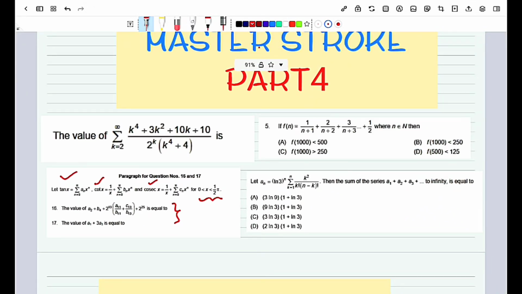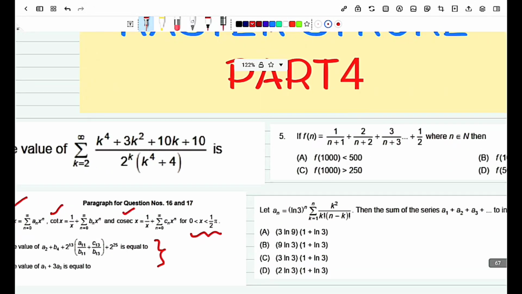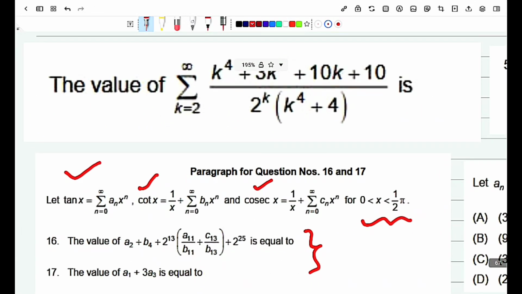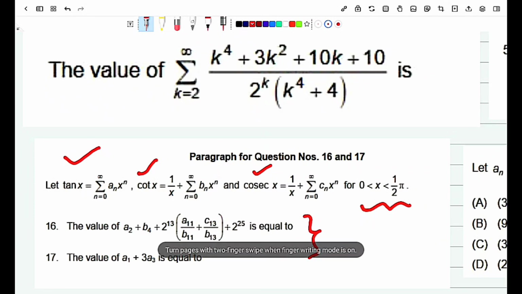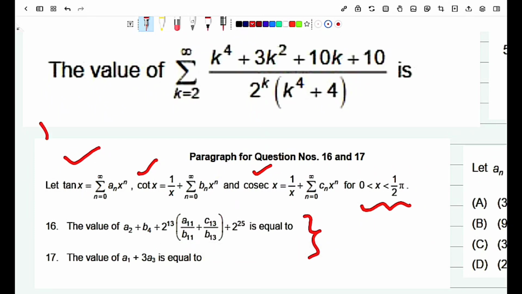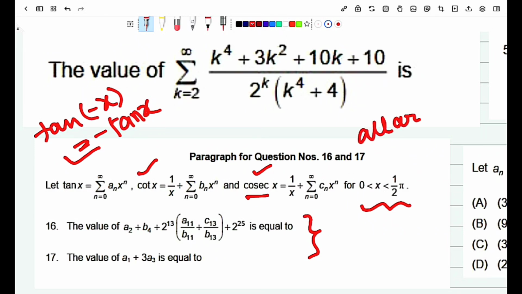Before moving on to the solution, let me tell you some basic facts about this question. You know that tan of minus x is equal to minus tan x. Similarly, cot of minus x is equal to minus cot x, and the same goes for cosec x. So all of them are odd functions.